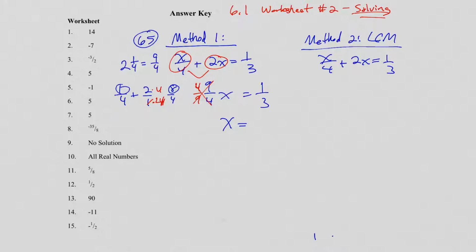But whatever I do to the left side, I must do to the right. So again, you have to deal with all these fraction techniques that you have to remember: mixed numbers, common denominator, multiply by reciprocal. Now here I have to multiply fractions. So I'm going to get 4 over 27.